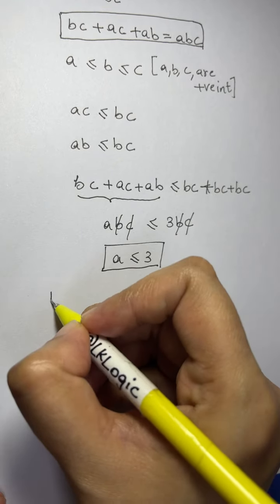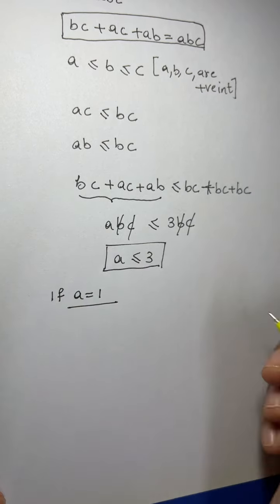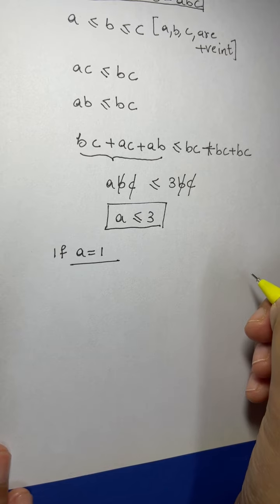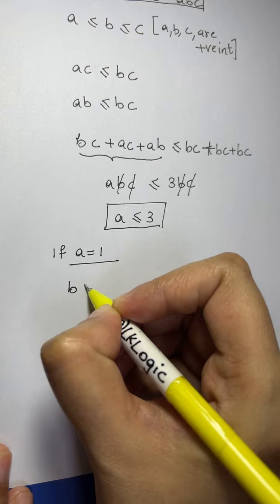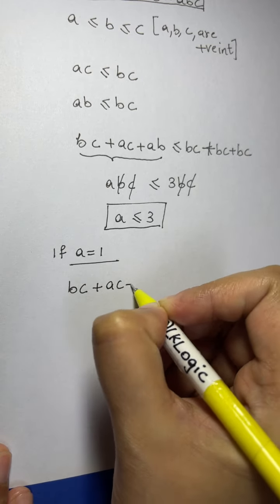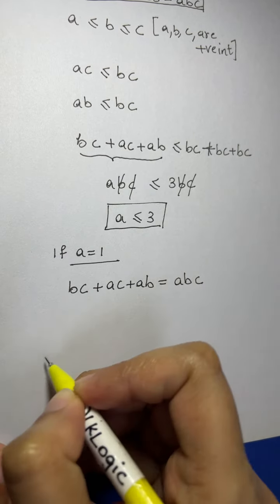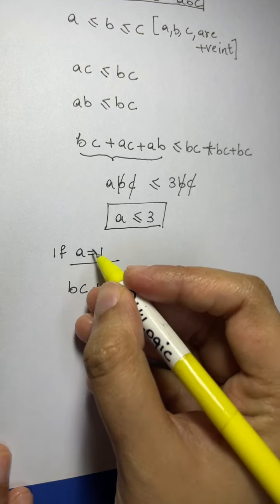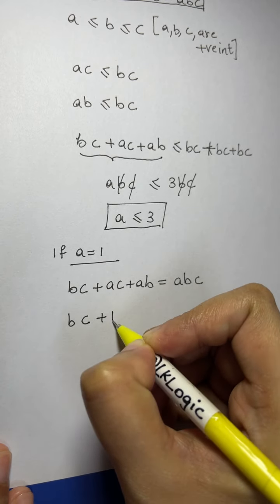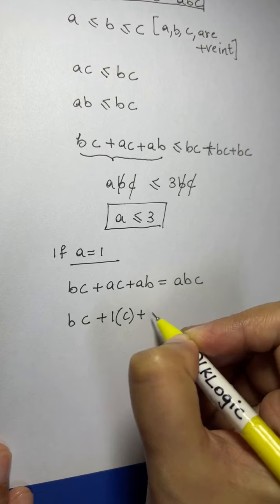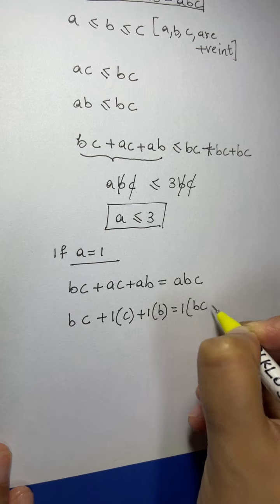Let's find out. Suppose a is equal to 1. You have the same thing, bc plus ac plus ab equals abc. We are solving for this. Now what if a is equal to 1? Let's substitute. bc plus 1 times c plus 1 times b is equal to 1 times bc.